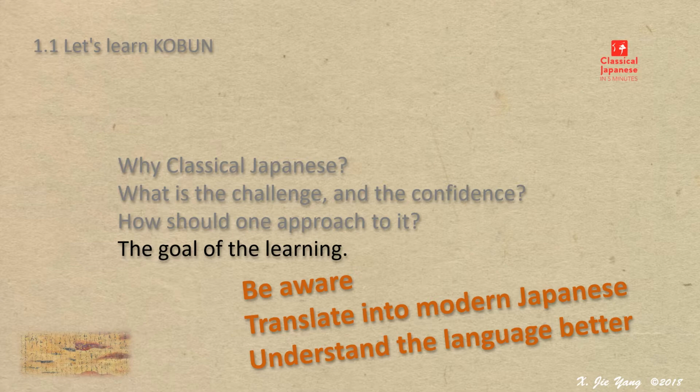However, for learners who are using this set of lectures, it becomes a big challenge. Eventually, the learning of classical Japanese is a great way to confirm your knowledge of contemporary Japanese. To master the basic rules of classical Japanese, a learner will become much more comfortable with contemporary Japanese.